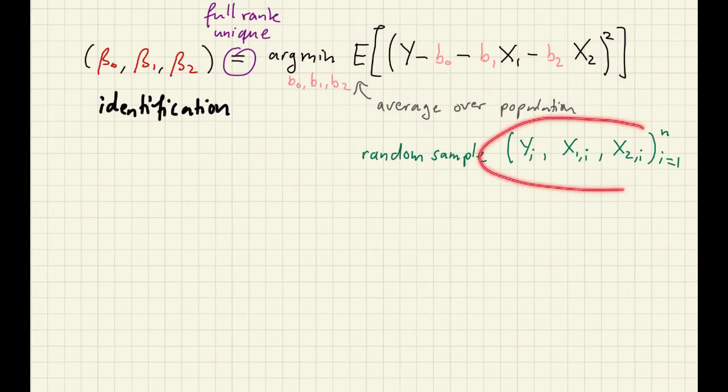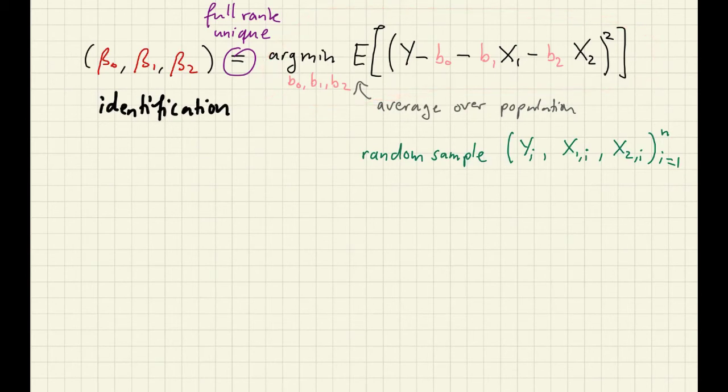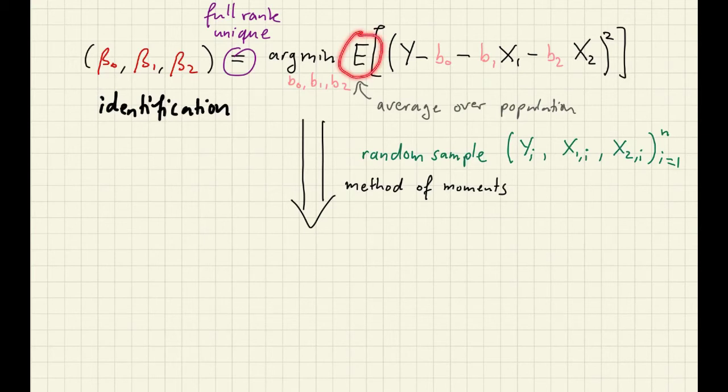Now, using this data, we want to estimate this population quantity, and we'll do that by following the principle of the method of moments. To do that, we replace the population random variables y, x1, and x2 by their sample counterparts, and we replace the expectation over the population distribution by a sample average.